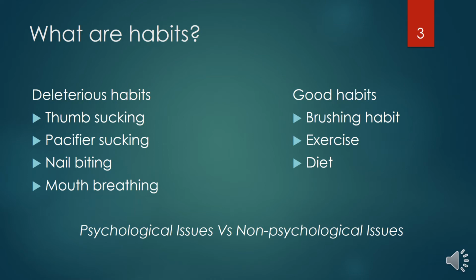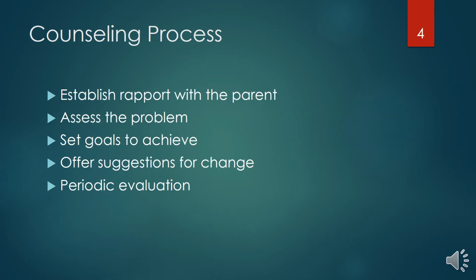Okay, so let's see how we do the counseling. This is the counseling process, which is basically the 5 steps that we have been talking about in the previous mock counseling sessions also. First and foremost, you establish rapport with the parent.